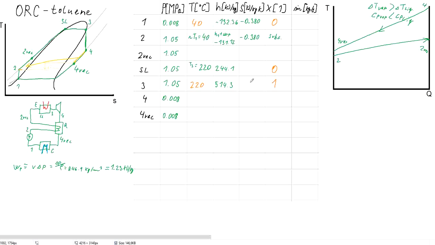So we had the entropy at the point 3, 1.01, sorry, 1.1. It's 1.102 if you use some property functions, but different property functions might get also different values.